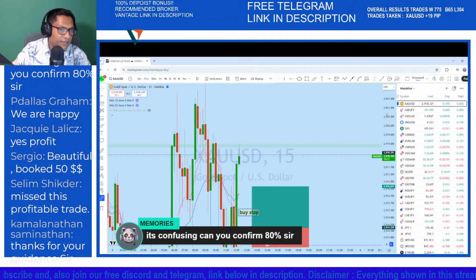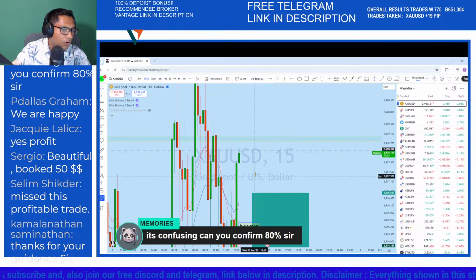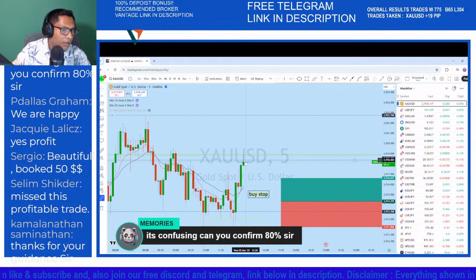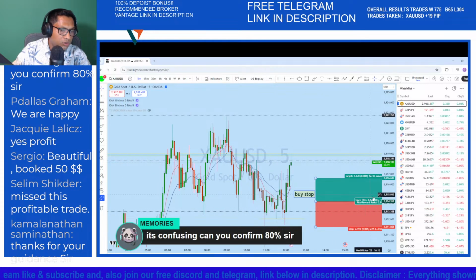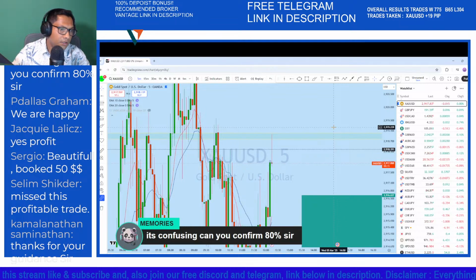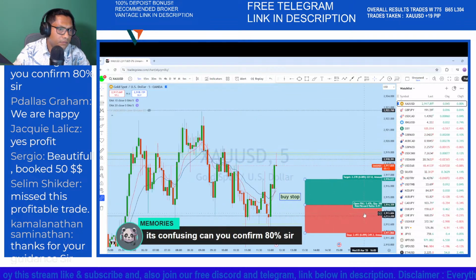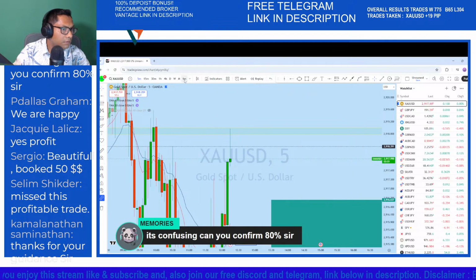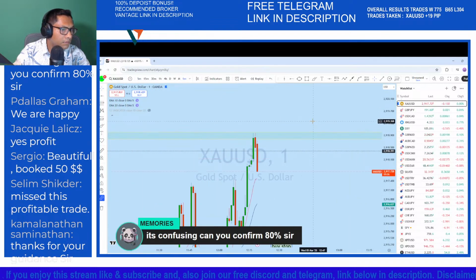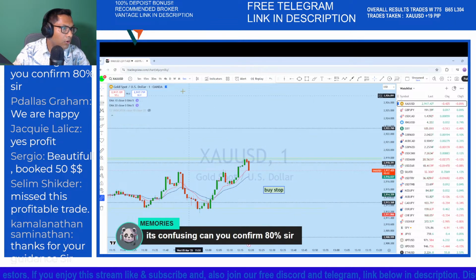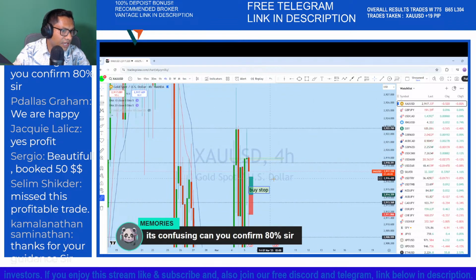So you can see that here it's coming for that pullback. Now this pullback is important for us to look at. From the 4-hour resistance, we're seeing a rejection here.